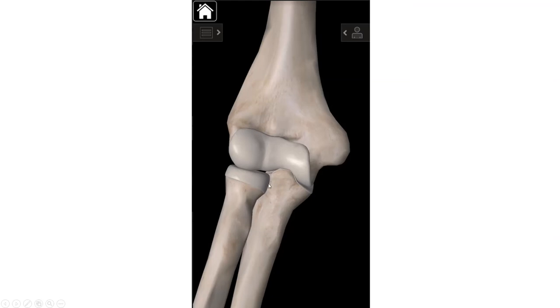We've talked about pronation and supination, where your palm is facing forward in supination, or your palm is facing posteriorly in pronation. Where that spinning occurs, or where that flipping over of your forearm occurs, is going to be at the radial ulnar joint. There's one here proximally, the proximal radial ulnar joint, and then there's one distally down closer to your wrist. So the radial notch of the ulna makes the space for that.